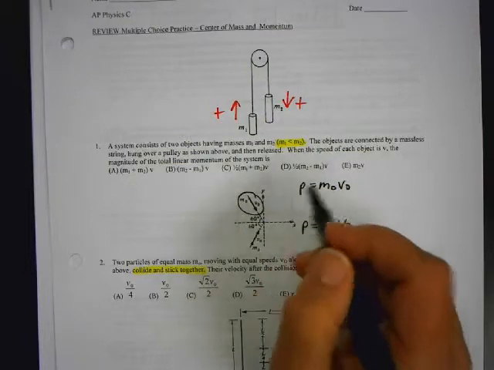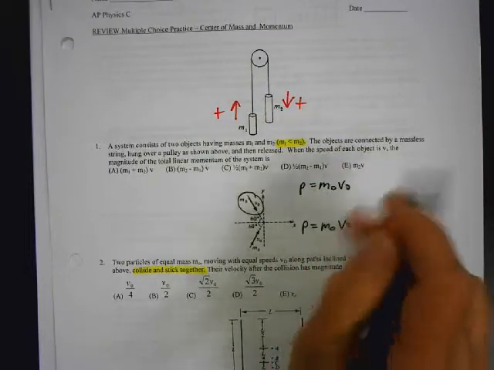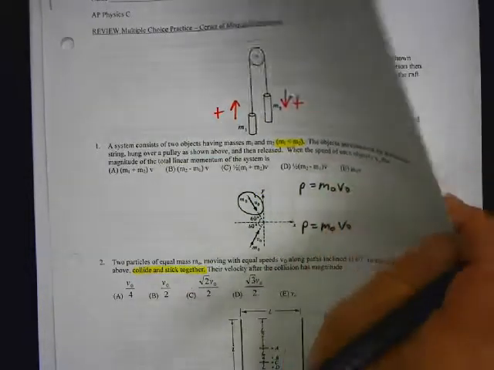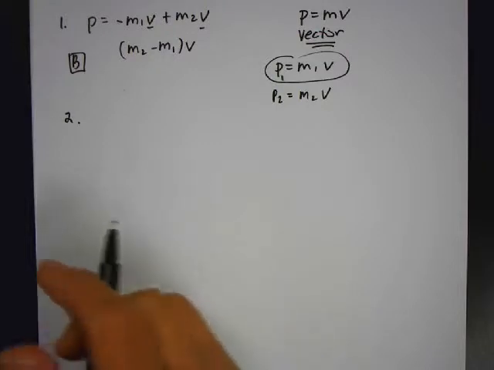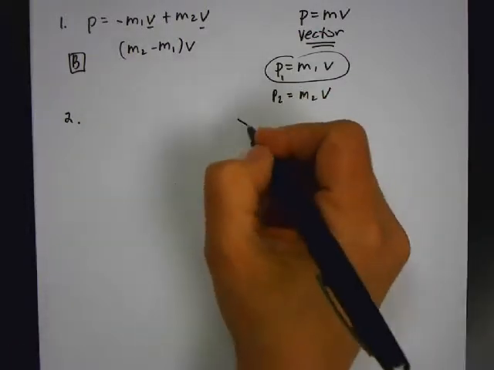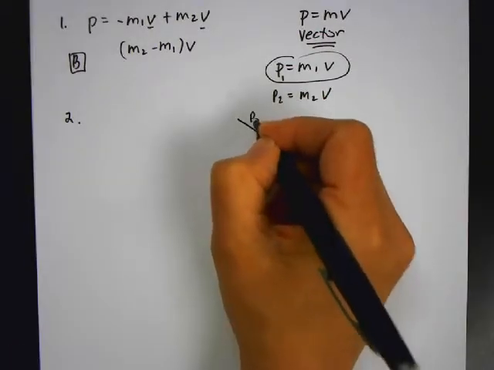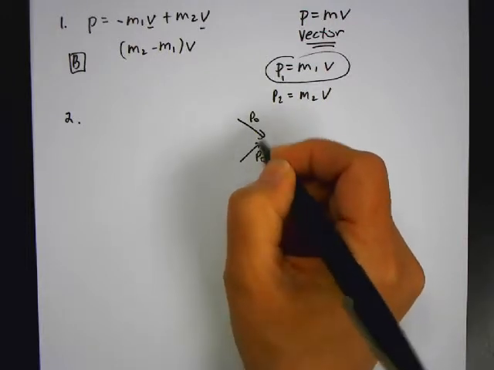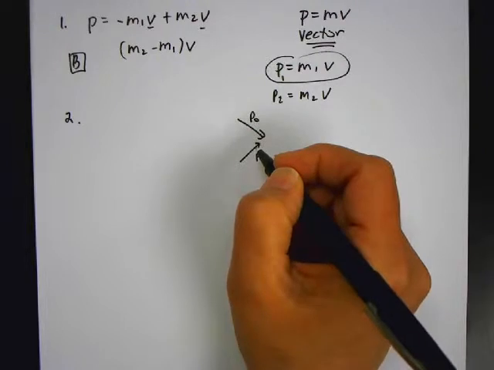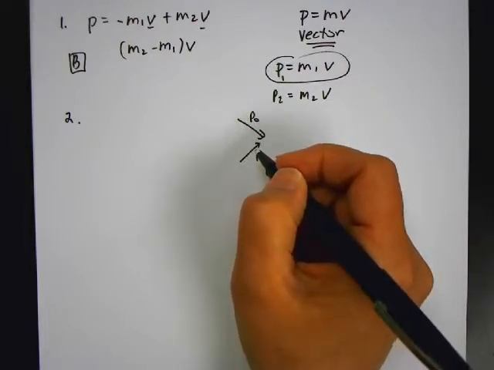So remember, vectors, momentum is a vector. So you have to take the direction into consideration. So the total momentum before is equal to the total momentum after. So the total momentum before is the one on the top. Plus I also have this one. So these two added together vectorially would add up to the total momentum after.